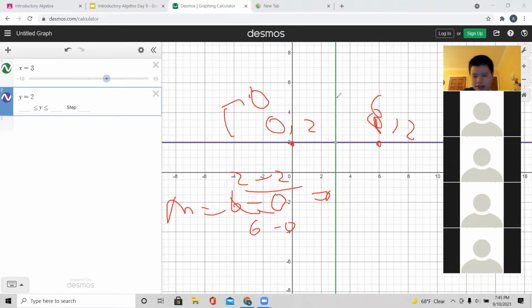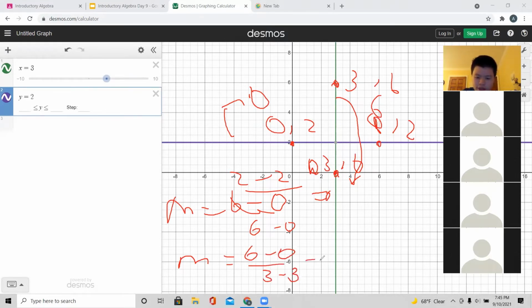On the other hand, this line is vertical. So let's take these 2 points: 3, 6 and 3, 0. Putting this through, 6 minus 0 over 3 minus 3 equals 6 over 0.